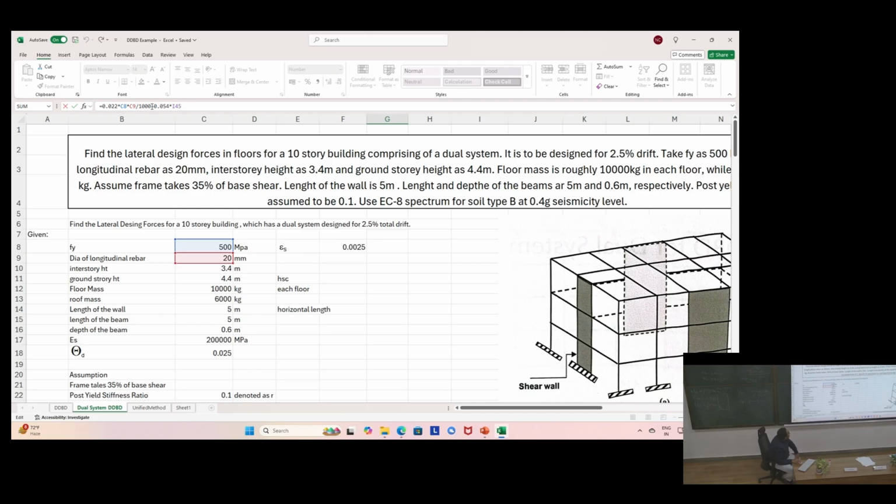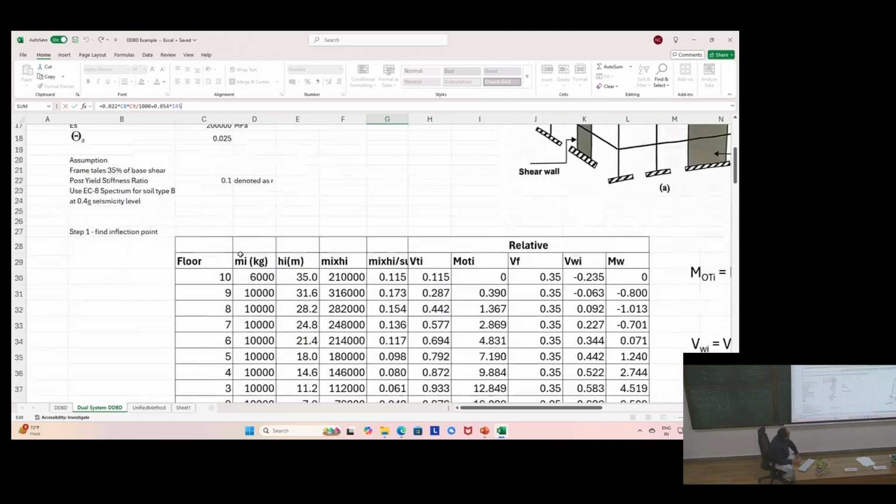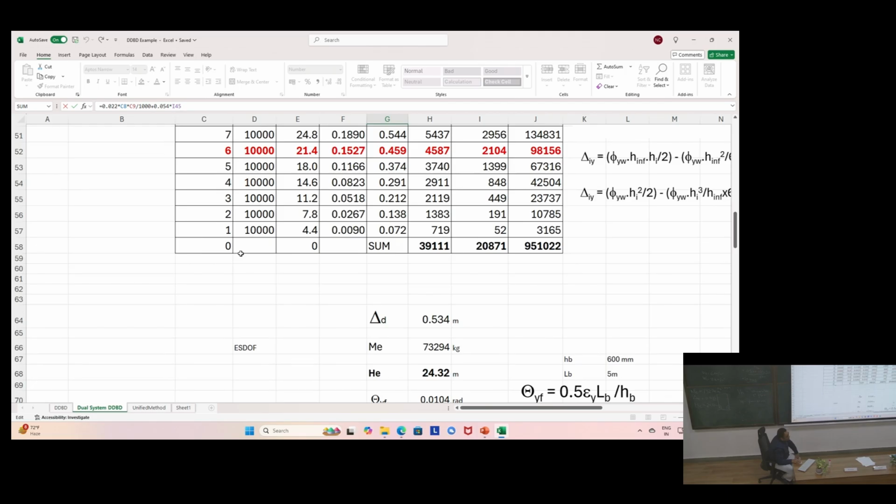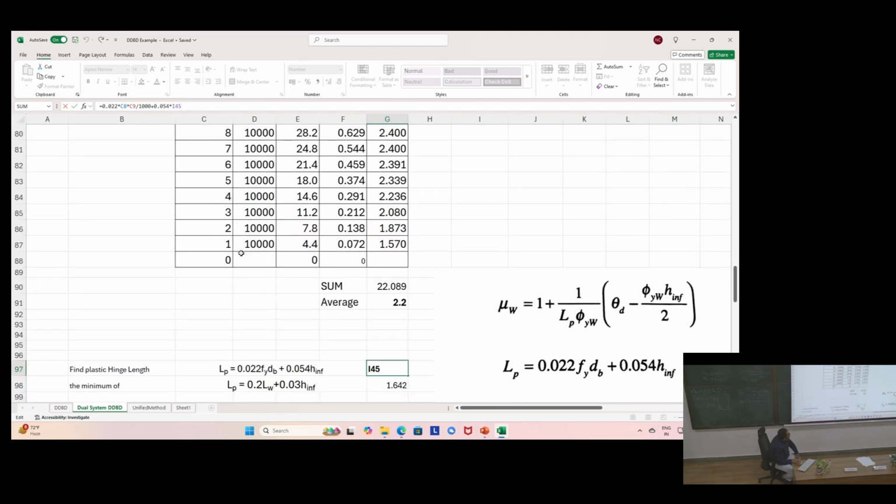C9 is divided by 1000 because of millimeters. Plus 0.054 times I45, which is the height of inflection. 11.39. Getting the same answer?